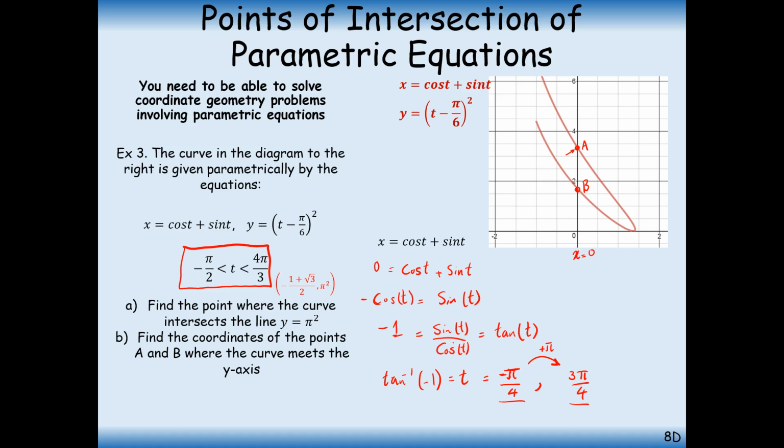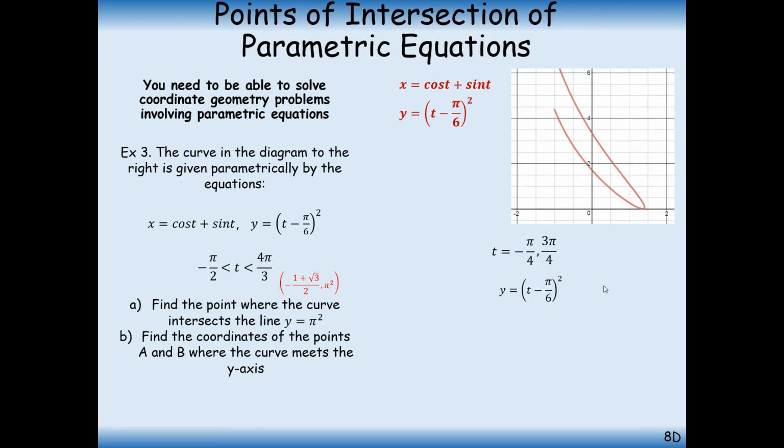We were asked to calculate the value of the coordinates. So what we need to do now is substitute those two values into y equals t minus pi over 6. I'm going to use the next slide to show you the calculations there.